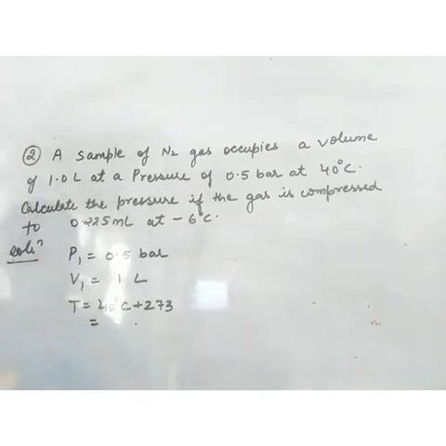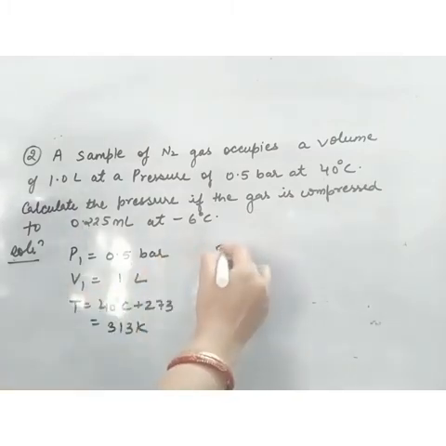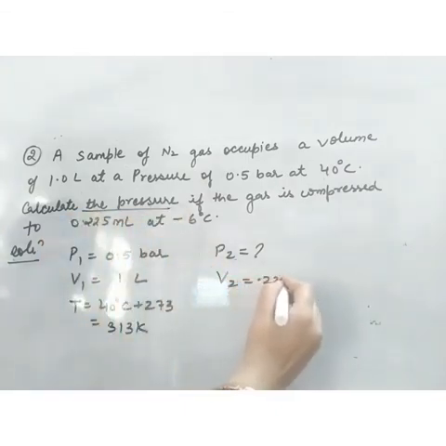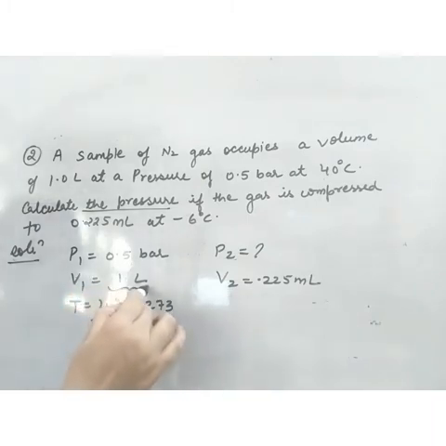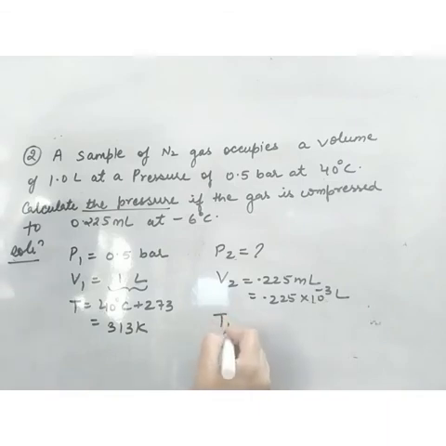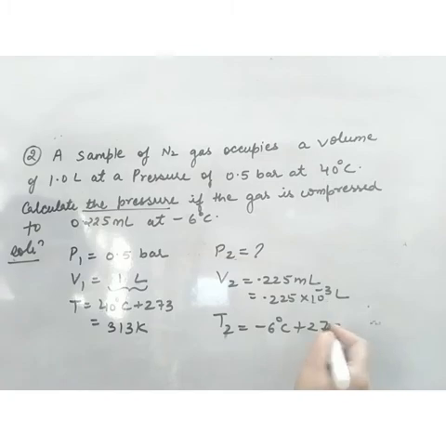So 313 Kelvin. Now P2 we have to find out. V2 is 0.225 ml. Now some conversion is required, because here the volume is in liters and here the volume is in ml. So we'll convert this to liters. So 0.225 into 10 to the power minus 3 liters. Now temperature is minus 6 degrees Celsius plus 273. So it will be 267 Kelvin.